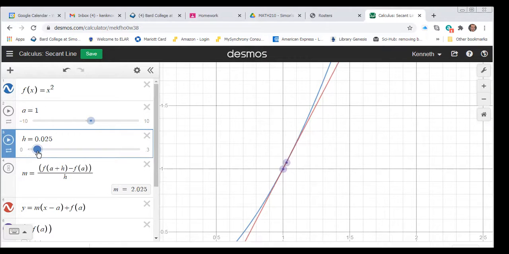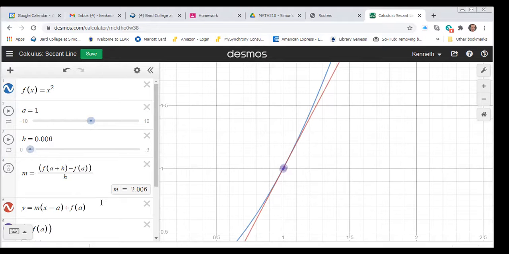So as that second point converges onto the first one, well, yeah, you need 2 points to make a line, but as the second point converges onto the first one, this collection of secant lines is going to limit to one single line with slope equal to 2. And that's going to be the tangent line.